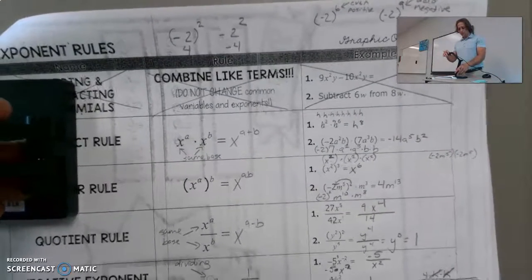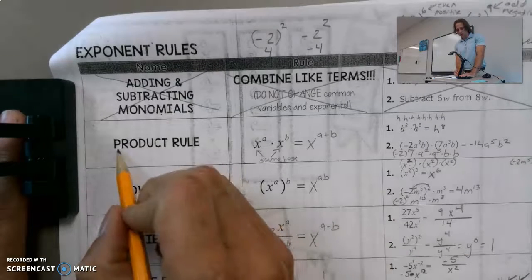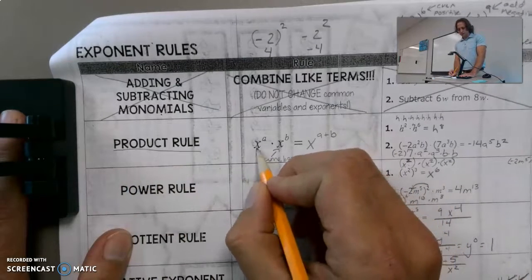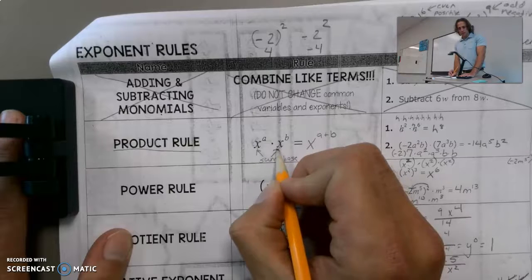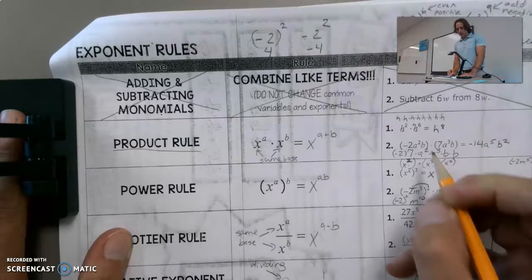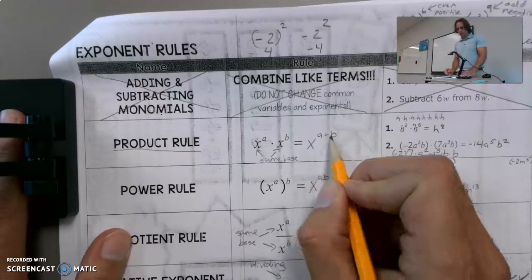Okay, let's start with our first rule that you learned about. That rule is the product rule. And that rule says that if I have the same base, any two numbers with the same base, if I multiply those together, I can add the exponents. In this case, x to the a times x to the b would just be x to the a plus b.